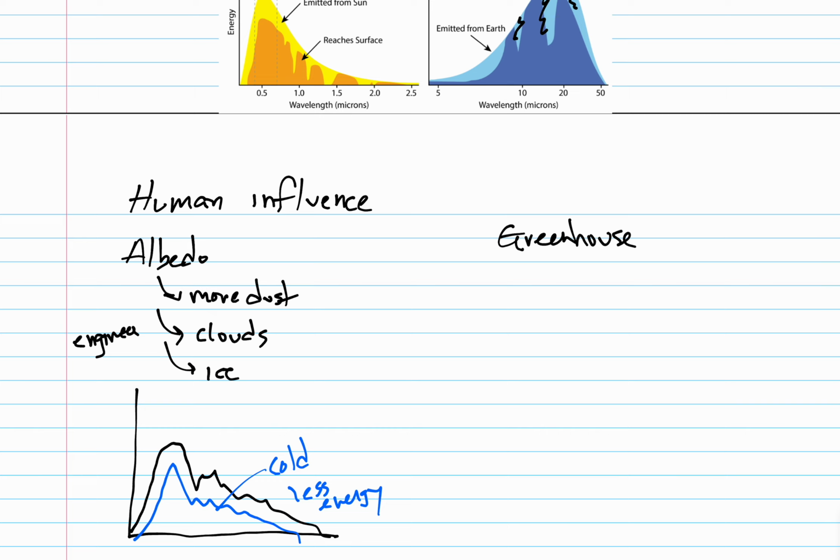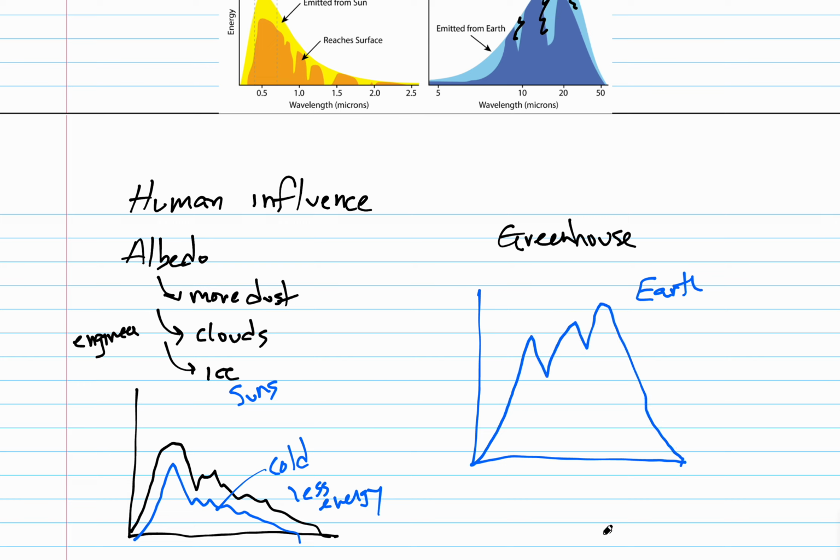All right, we can play the same game now with greenhouse gases. And here what we're going to do is modify Earth's signature. Over here we were playing with the sun's energy, but we could do Earth's energy. With our current understanding of the system, we know that Earth emits something like this into outer space as part of the background energy balance. But what if we did less CO2?